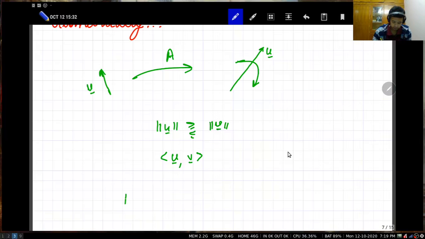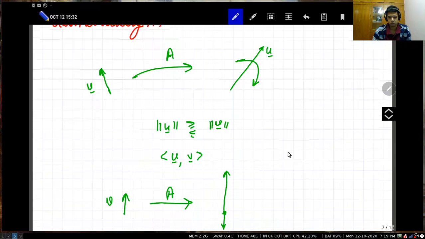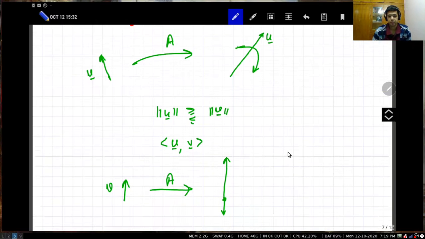So if V is an eigenvector and I multiply this by A, then I only get V scaled up, or maybe it could also be scaled down, or it could be inverted. So these are the only kinds of deformations that happen on an eigenvector V.